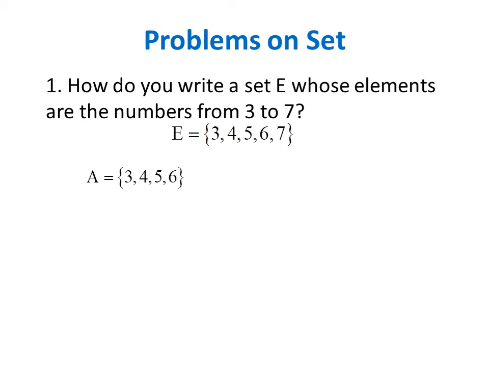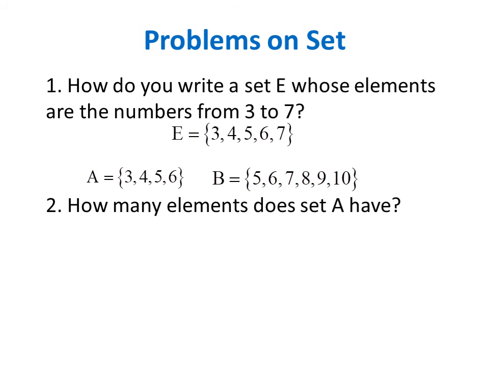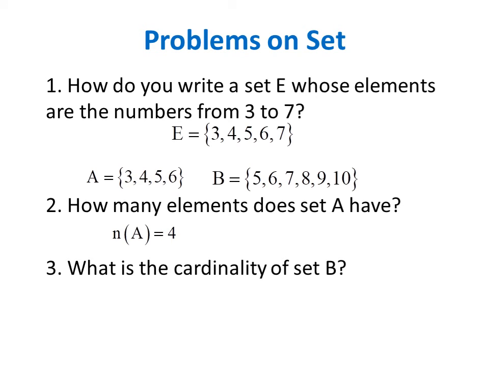For the next 2 problems, let's say we are given a set A with the elements 3, 4, 5, 6, and a set B with the elements 5, 6, 7, 8, 9, 10. Next question is how many elements does set A have? The number of elements of A is 1, 2, 3, 4.